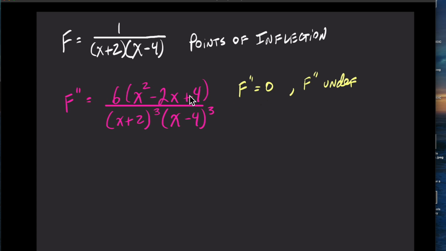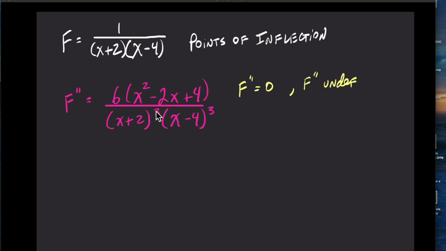Folks, this expression here is not factorable, so we will have to use the quadratic formula. Now, the first thing I would do here is look at the discriminant, because if the discriminant is negative, then there is no real value of x that would make this second derivative function equal to 0.